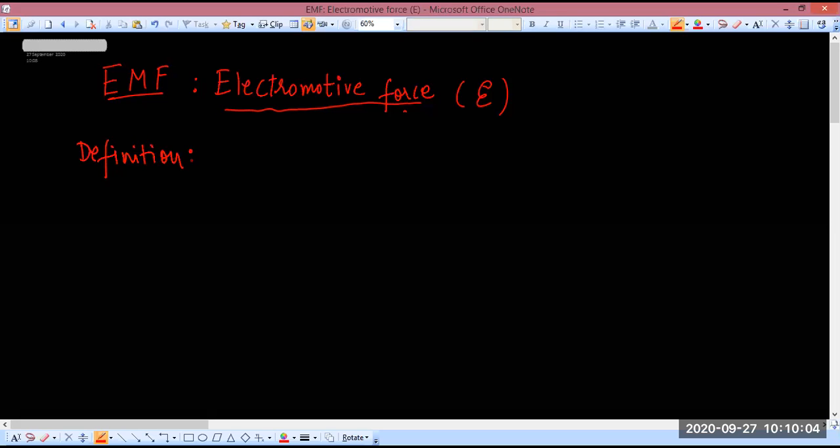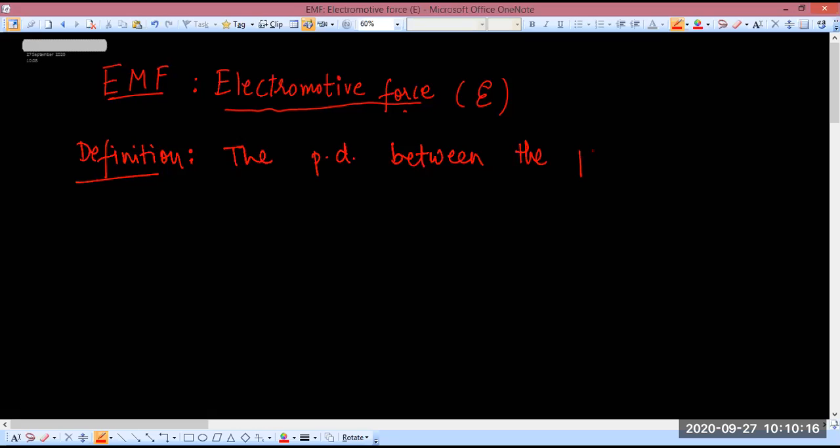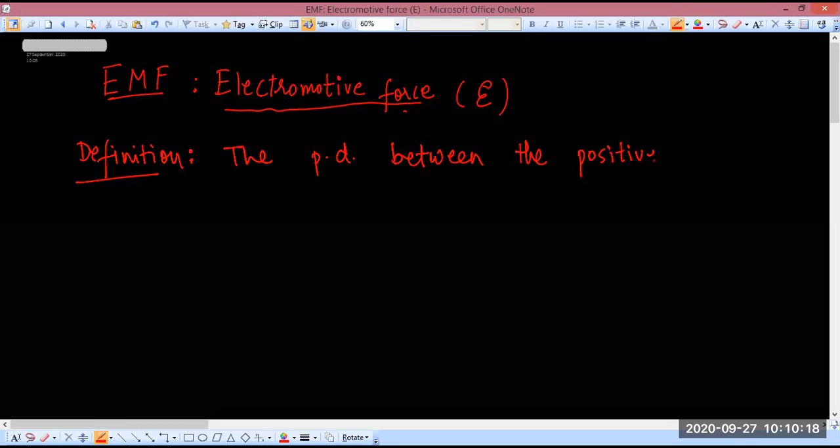Okay. The definition is the potential difference between the positive terminal, that's P, of course, and the negative terminal, right? If you remember in the diagram, we have drawn P and N, right?